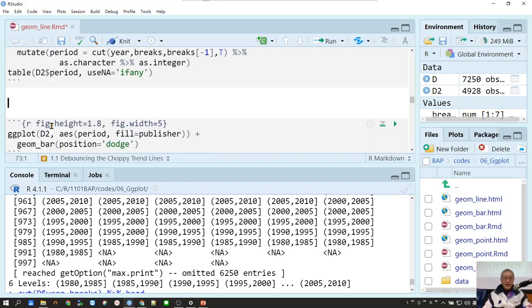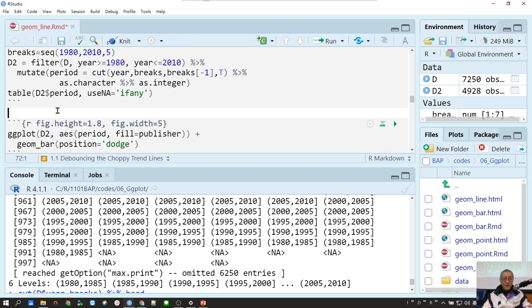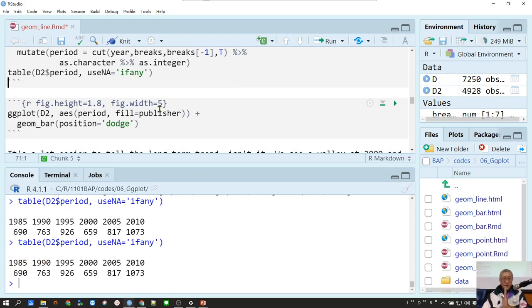So okay, in this D2 data frame, we have a period column, and so things are easy, right?